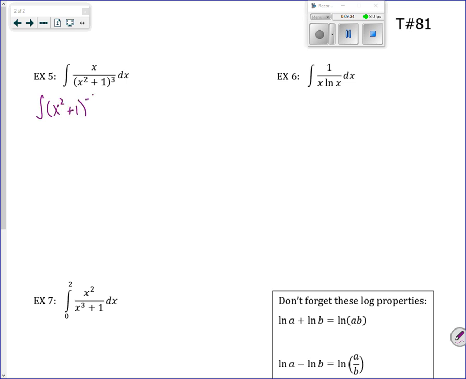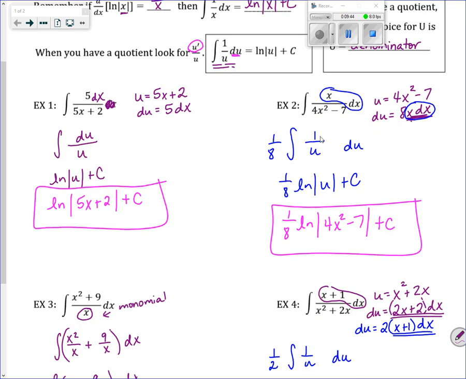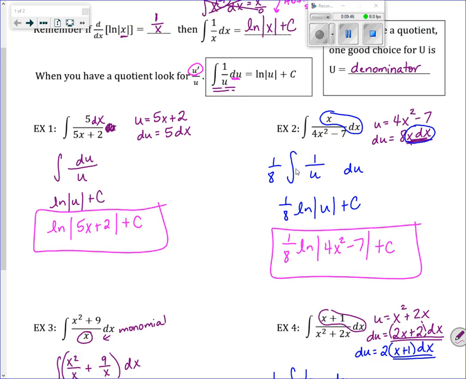Plus 1 to the -3rd x dx. Remember, ln is when you have something to the first power, because really on these problems before, like example 2, I could write that as 4x squared minus 7 to the -1 x dx. The reason it was an ln is because the power is to the -1.